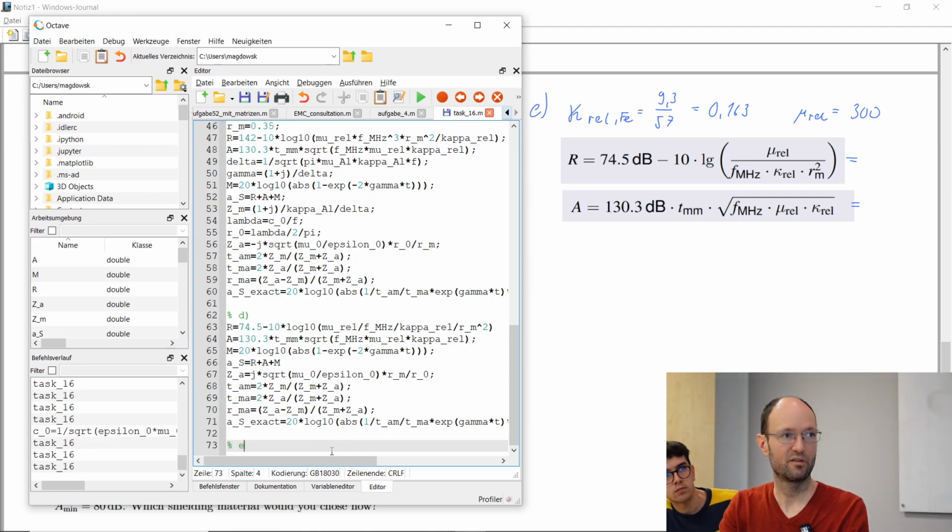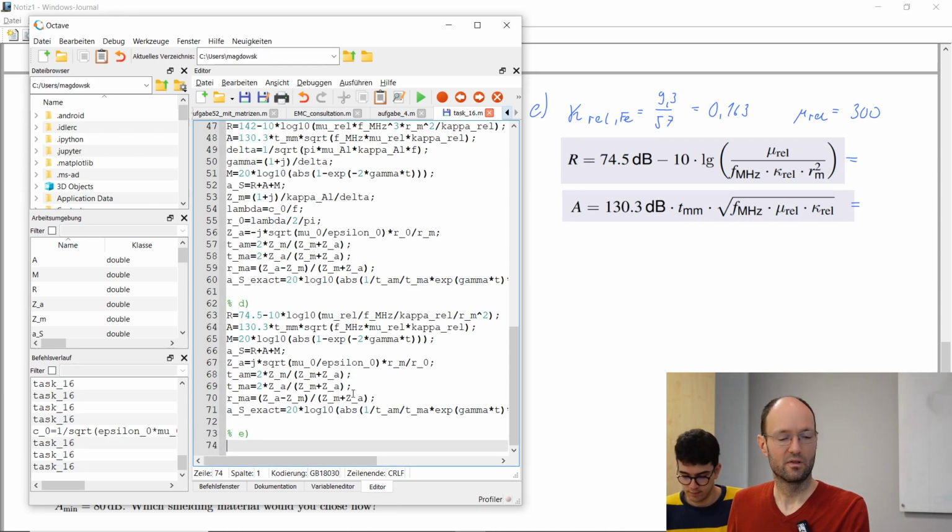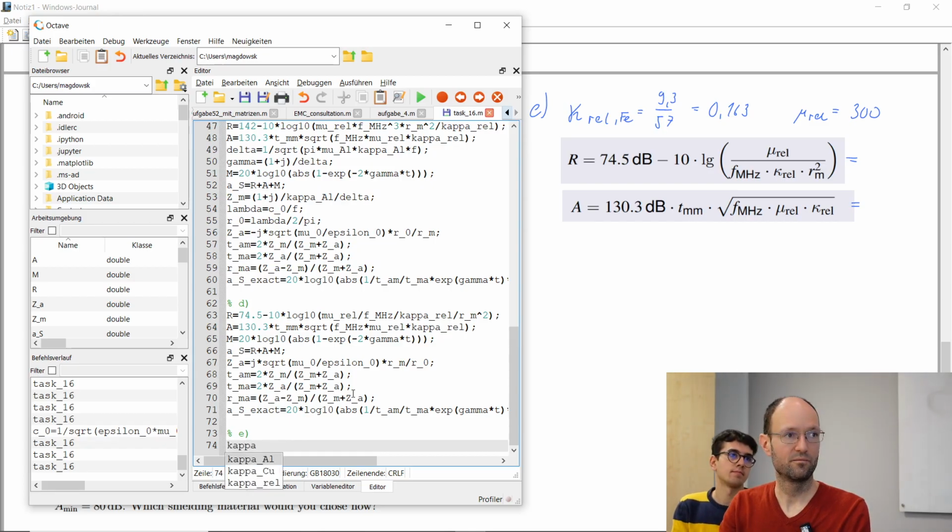And I will add some section here for subtask E. Escape here all the output, so that we don't see the results of the previous calculation anymore. And kappa of steel is 9.3 times 10 to the power of 6.